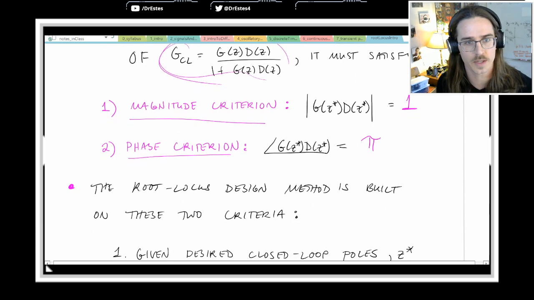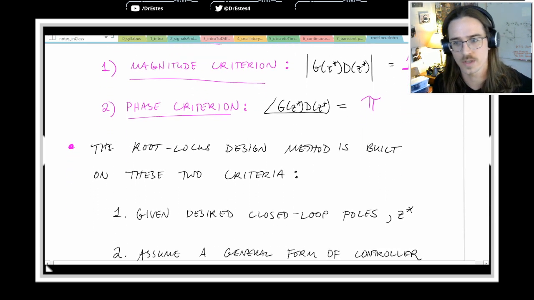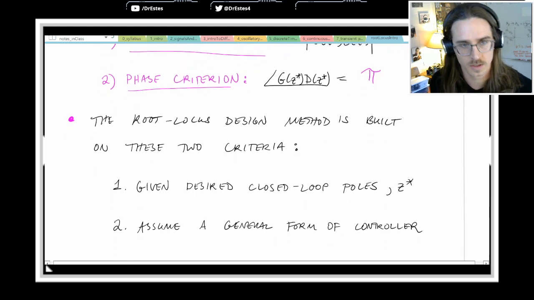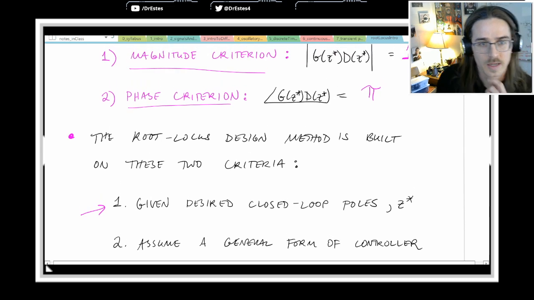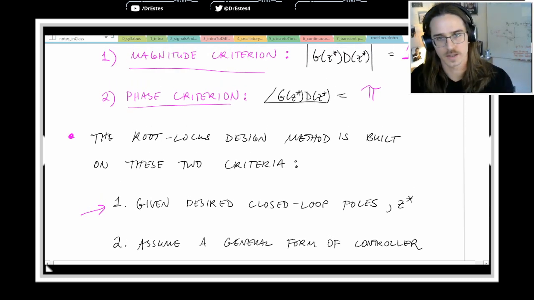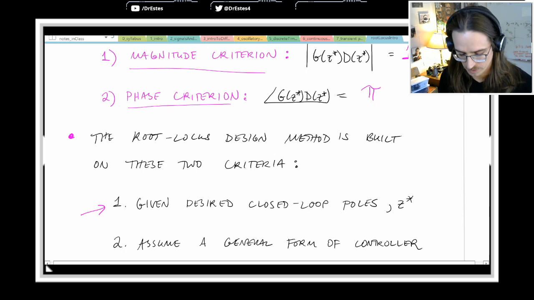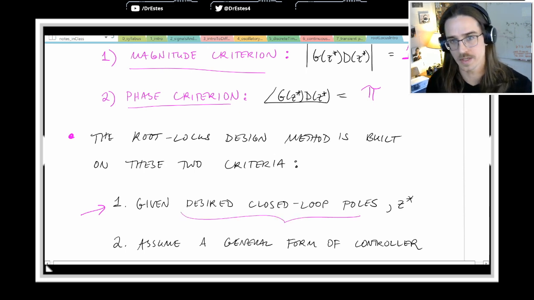So we have these two criteria. Here is the root locus design method in a nutshell, and here's the starting point. When you design a control system, you're going to have some desired closed loop poles in mind.